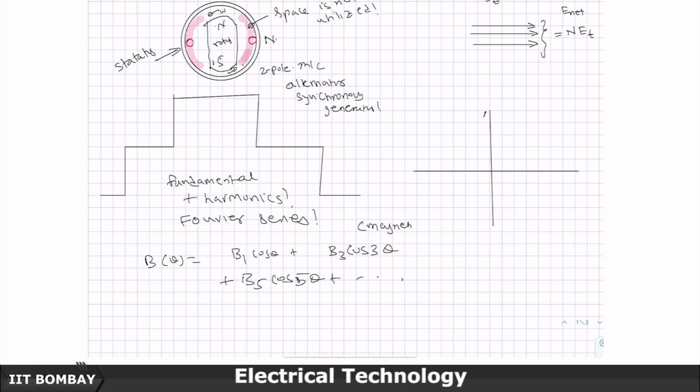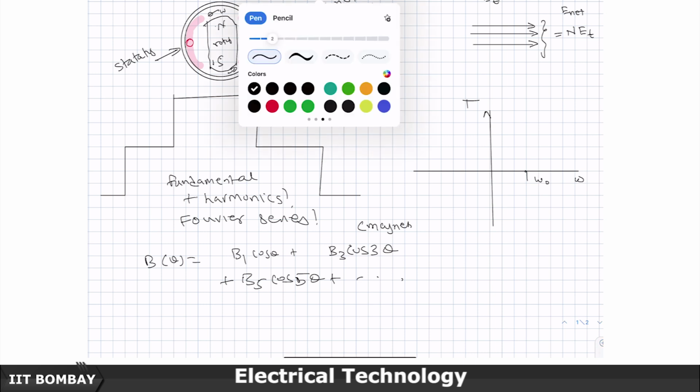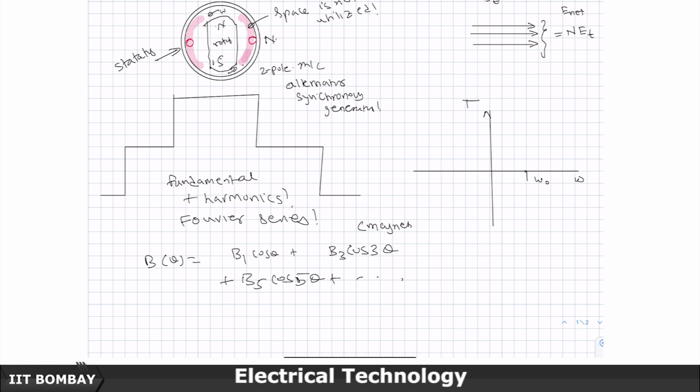If I look at a torque speed characteristic of a synchronous machine, this is the synchronous speed for 50 hertz. Instead of saying 50 hertz, let me say 3000 RPM, 50 into 60, for a two pole machine.